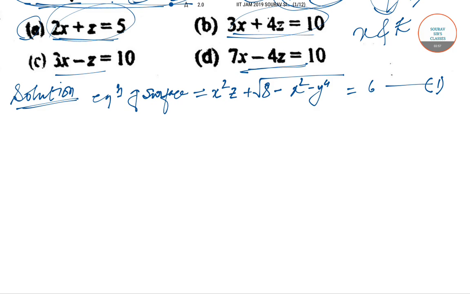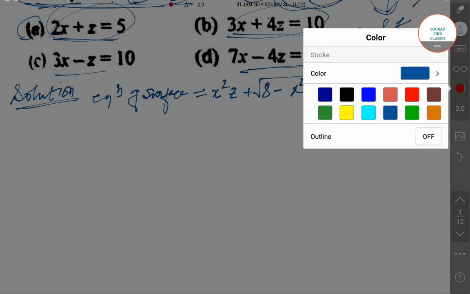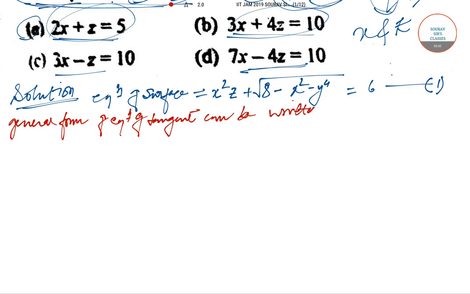Now we know the general form of the equation of a tangent. Since we are asked to find the equation of the tangent, let us first write the general form of the equation of the tangent in three axes, x, y and z.